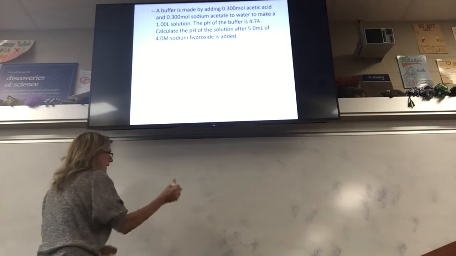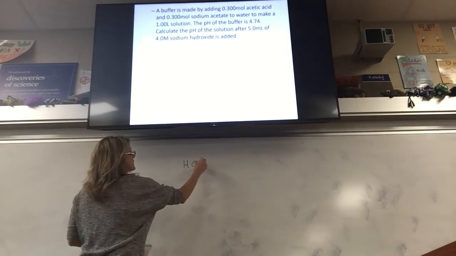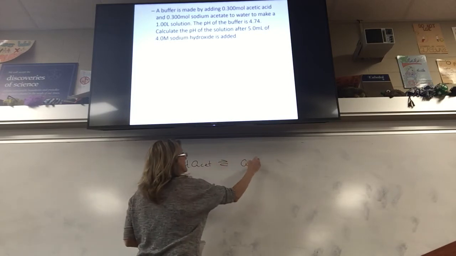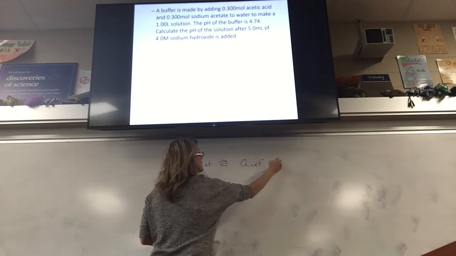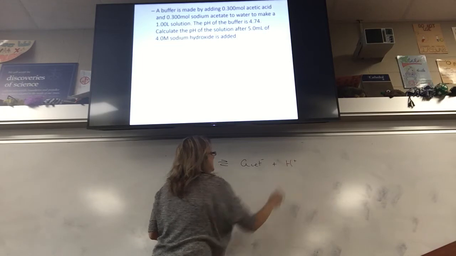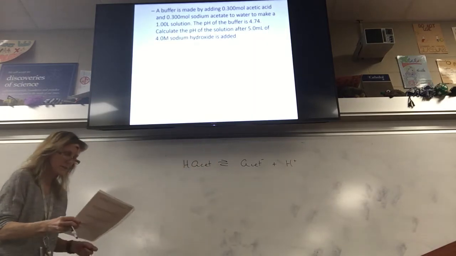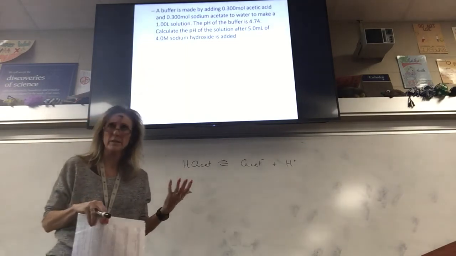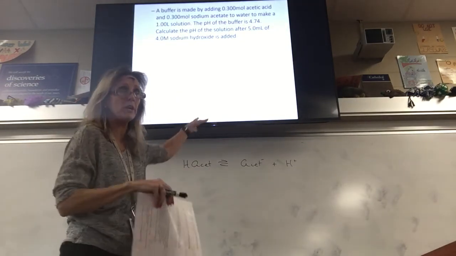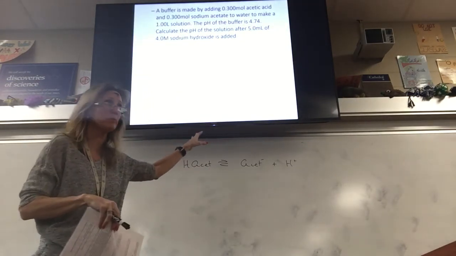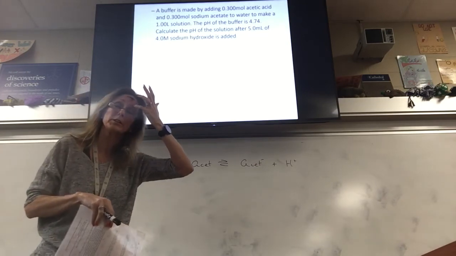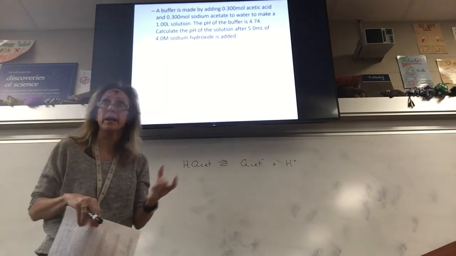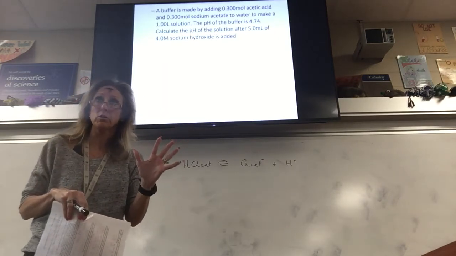So if we set up our reaction, and again, it doesn't matter if we use the actual formulas or not, we have our weak acid and its conjugate base. In this case, and we'll talk more about this next week when we do titrations, we'll have to do very similar stuff. We do have to take into account that we're adding 5 milliliters to our total volume.